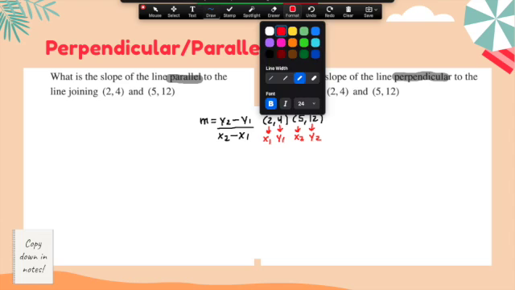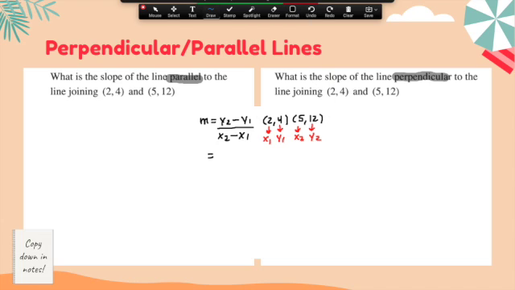Then I'm just going to plug it into my formula. y2 was 12, I'm subtracting y1, which is 4. x2 is positive 5, I'm subtracting positive 2. So I get 12 minus 4 over 5 minus 2. 12 minus 4 equals 8. 5 minus 2 equals 3. And that would be my slope right here.